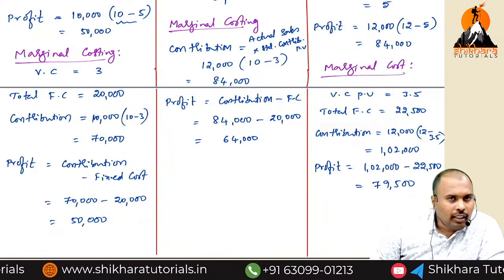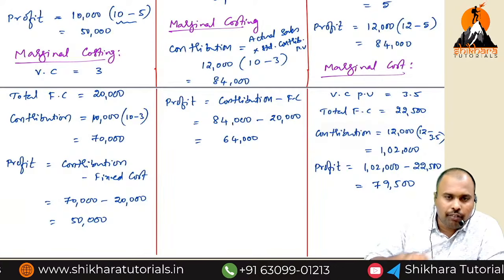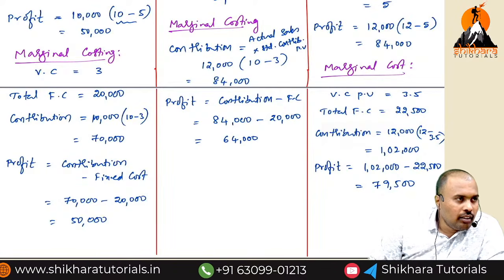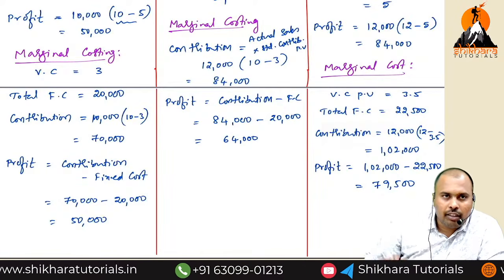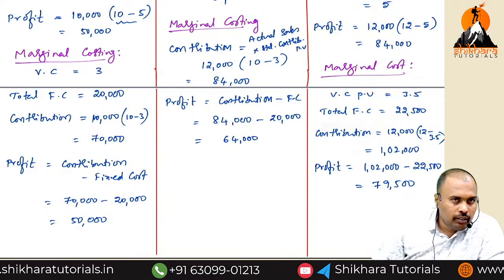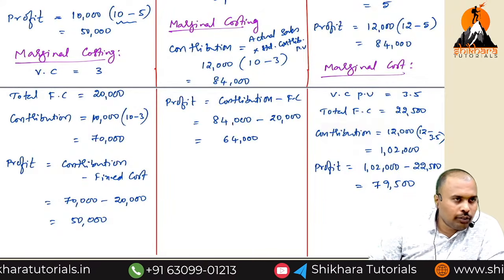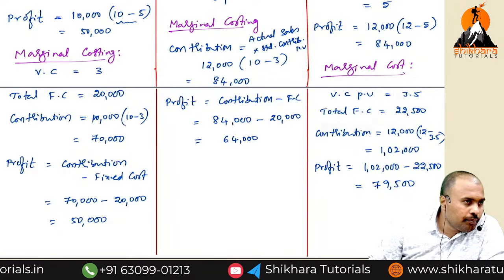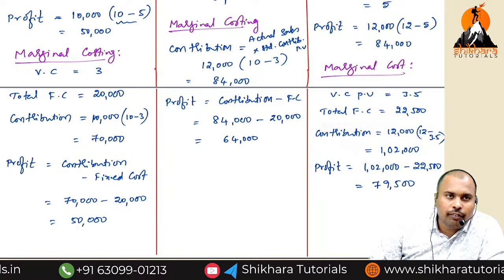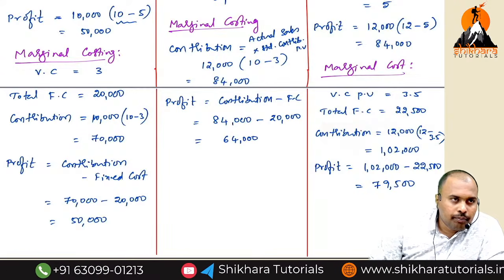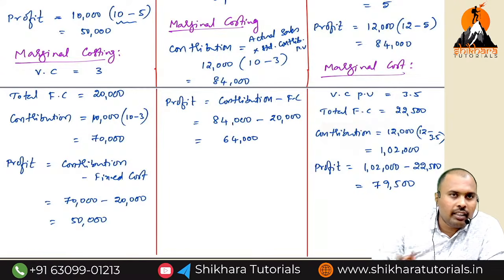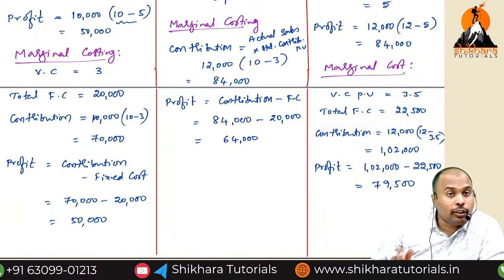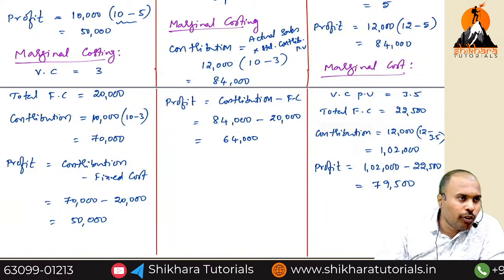It means in marginal costing there is one thumb rule. Anyhow, we are going to discuss it a bit later. After reconciliation, I am going to start with marginal costing. Change in profit is always equal to change in contribution. So contribution is the reason why there is a difference between those two, and that contribution also changes because of change in volume only.